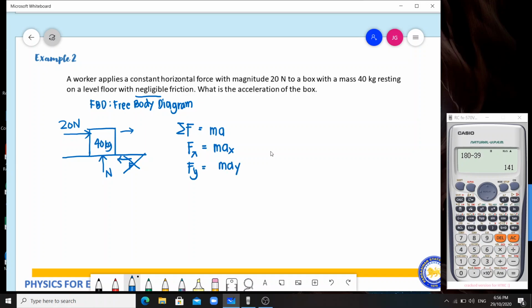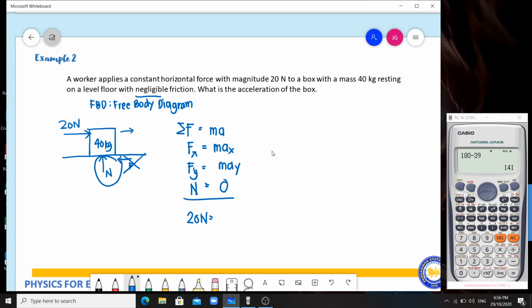Ngayon, sa Fy, ang y component lang na F natin is the normal force. However, the object is not moving up and down. So, ang acceleration natin here is 0. So, normal is equals to 0. So, wala din, okay? So, yung x component naman natin, which is the 20 Newton, okay?